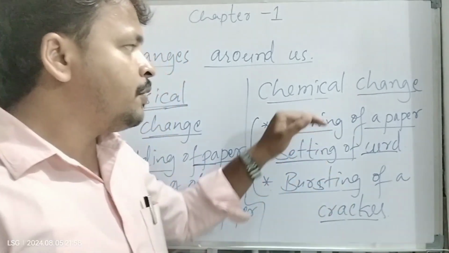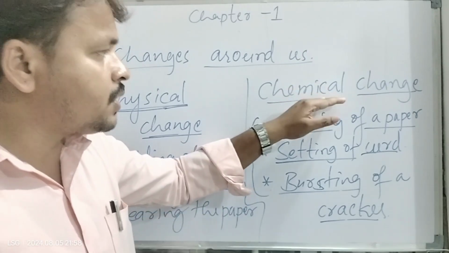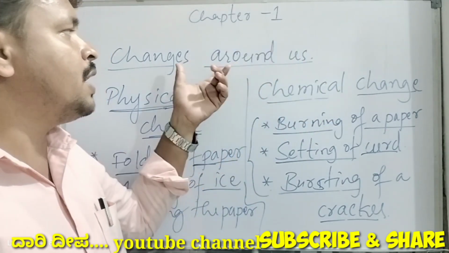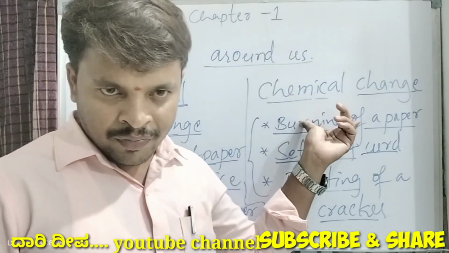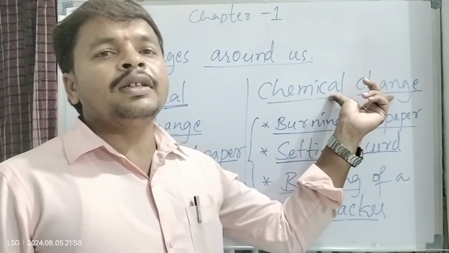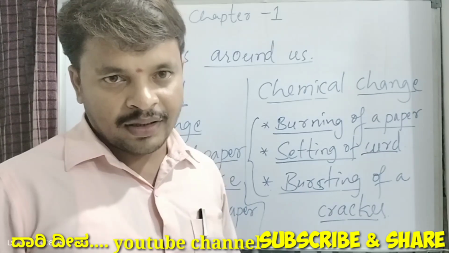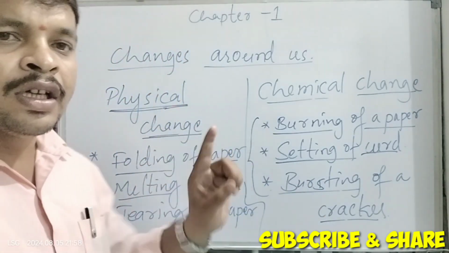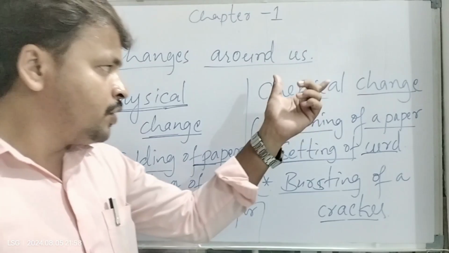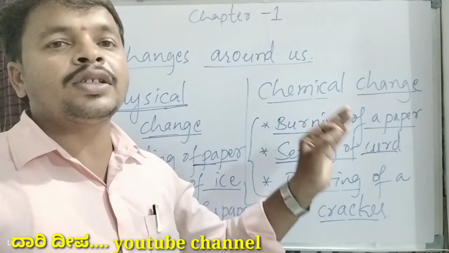Dear students, when we know the concept of chemical change, the chemical reaction is very easy to learn. Wherever you can see the chemical changes, a chemical reaction is taking place. During the physical change, no chemical reaction takes place. During chemical change, a chemical reaction takes place.